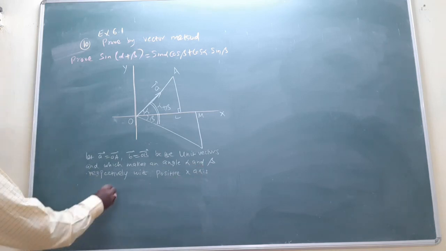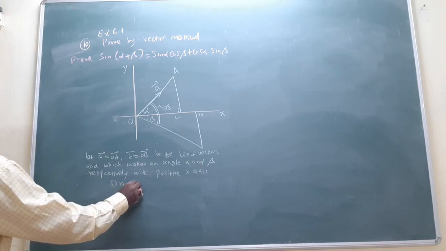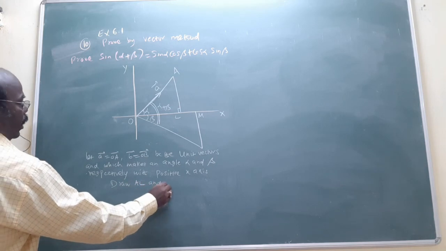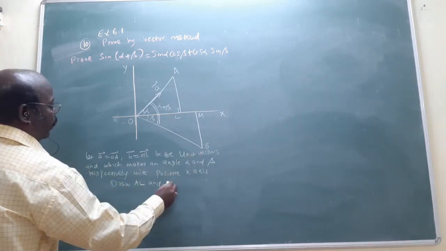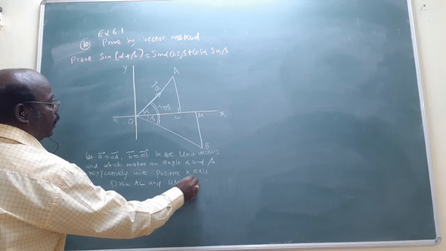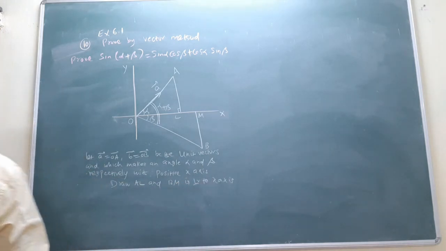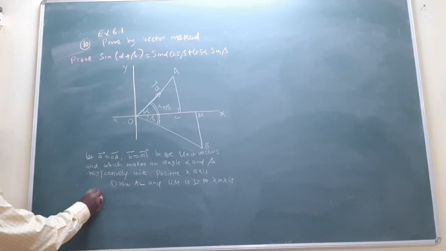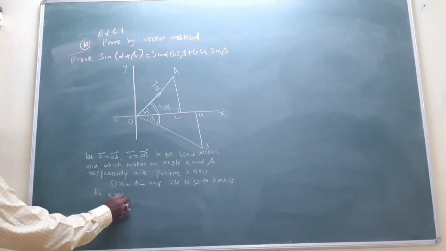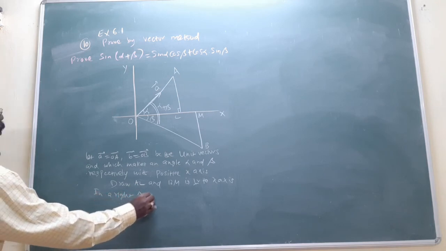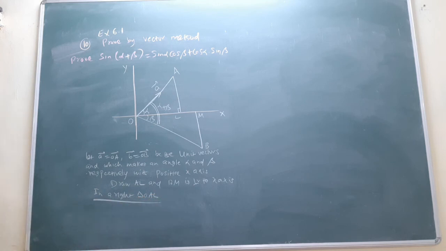Draw AL and BM perpendicular to the x-axis, as in the previous one. In the right angle triangle OAL, what did I tell you?